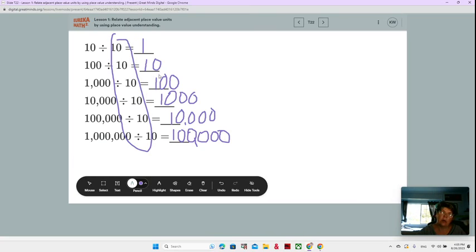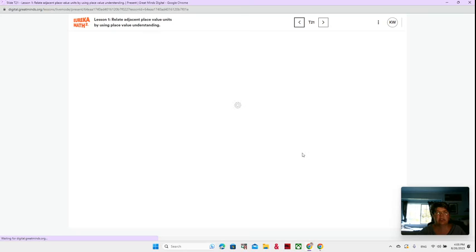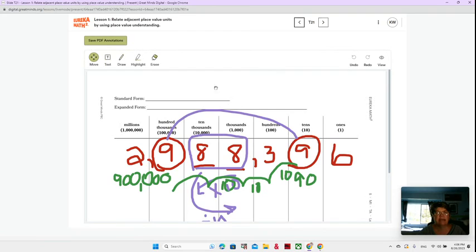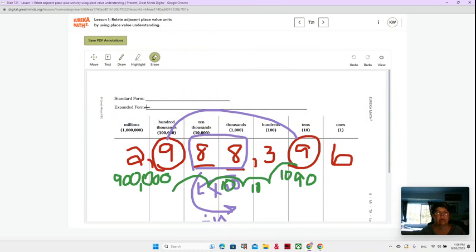right? You're just going one level over to the right. So if we go back to our place value chart, then we can see that each time we divide by 10, such a mess here, huh? Still haven't figured out how to just clean the whole thing off one time. Okay, but we're looking at our headings here, right?